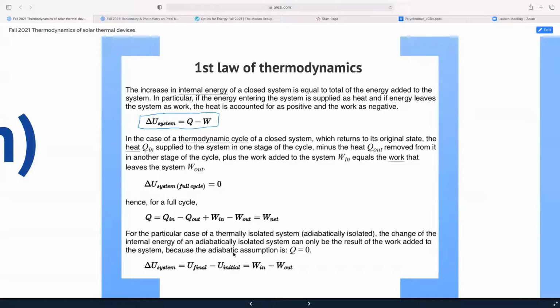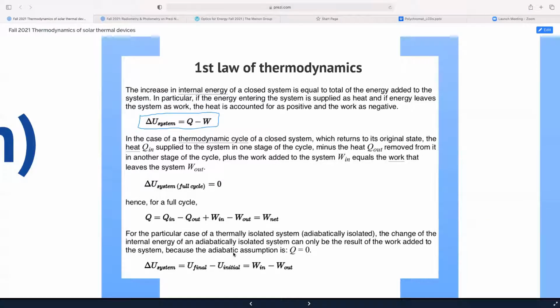So when it returns to the original state, the heat Q in supplied to the system in one stage of the cycle, minus the heat Q out removed from it in another stage of the cycle, plus the work added to the system, W in, equals the work that leaves the system, W out. So if you do a full cycle, delta U of the full cycle must be 0.